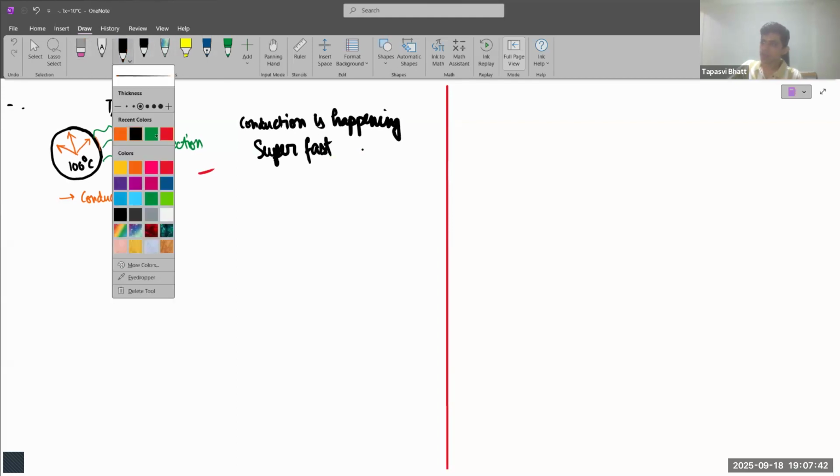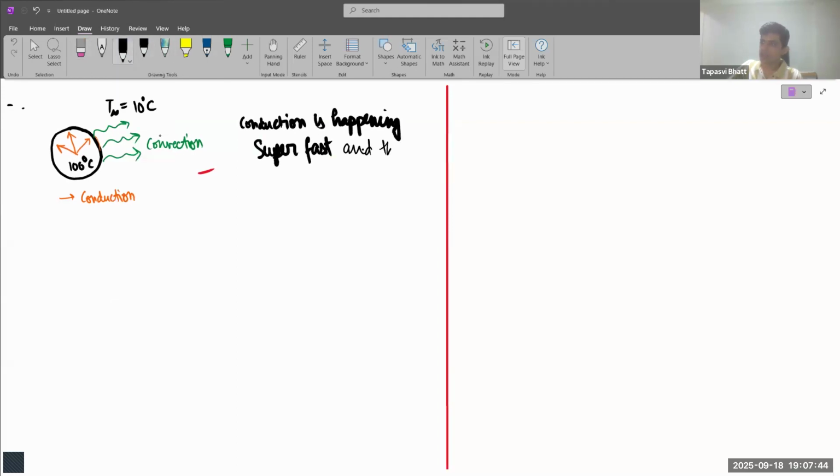And the convection is super slow. If this is the case, then we can ignore the temperature difference which is going to arise between the T center and T surface.